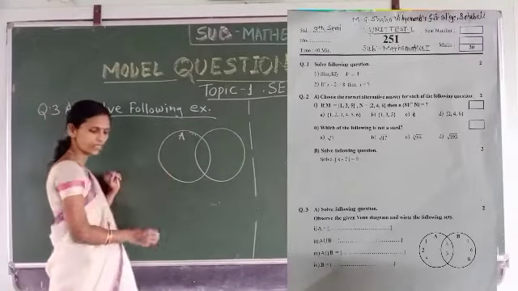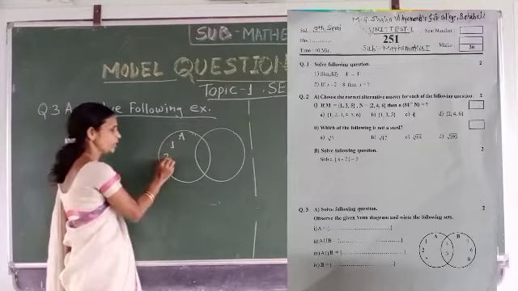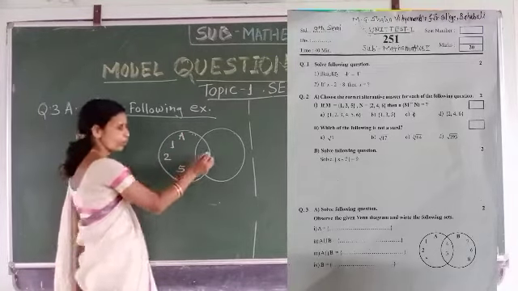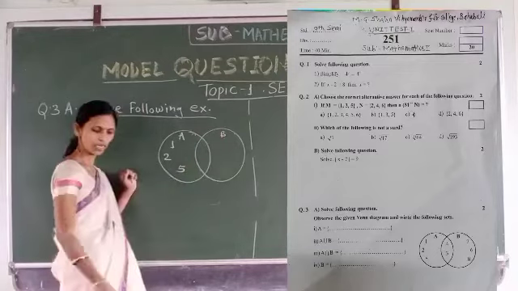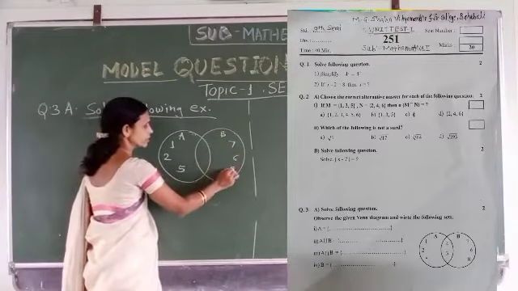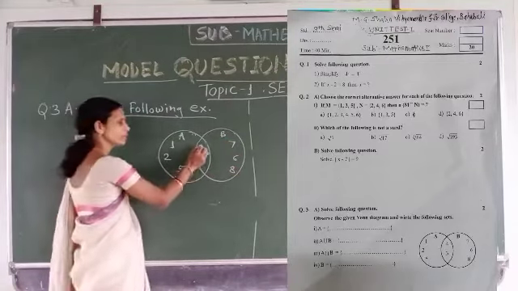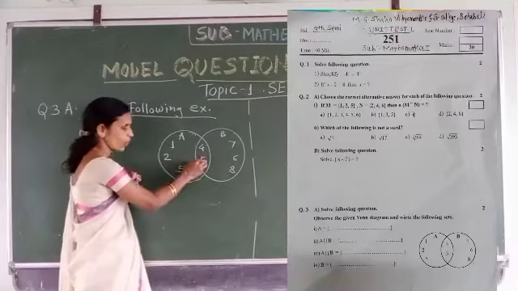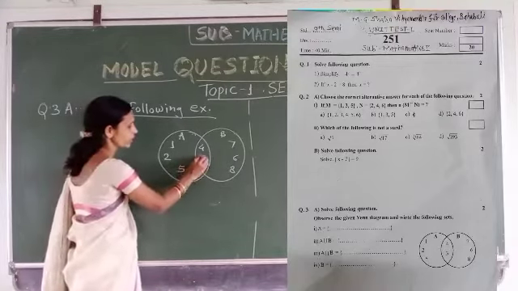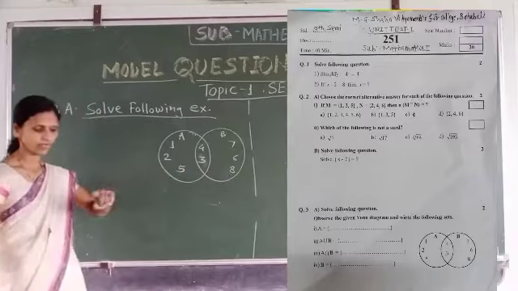In set A the elements are 1, 2 and 5, whereas in set B the elements are 7, 6 and 8, and the common elements, that is 4 and 3, two elements are there.